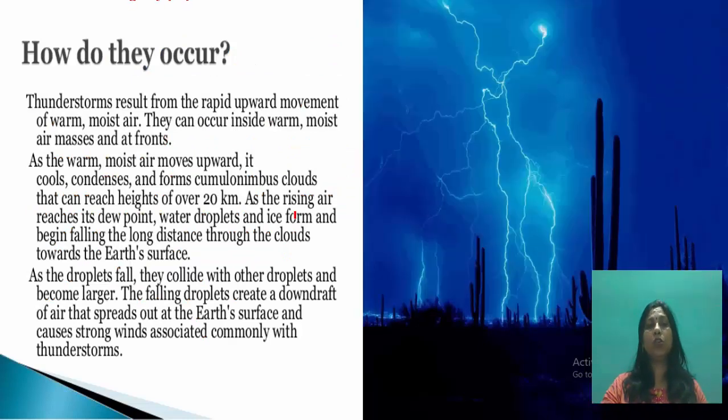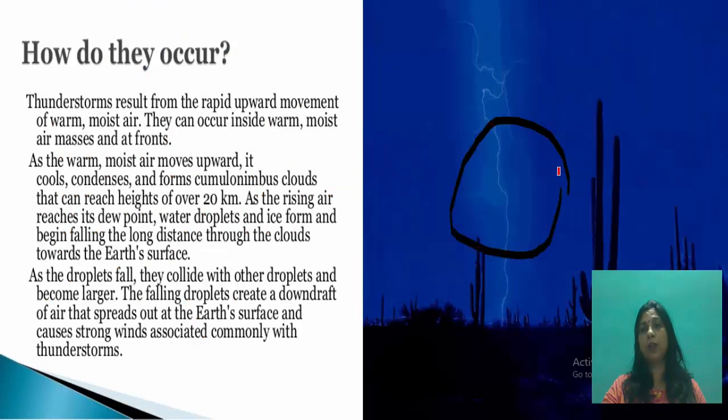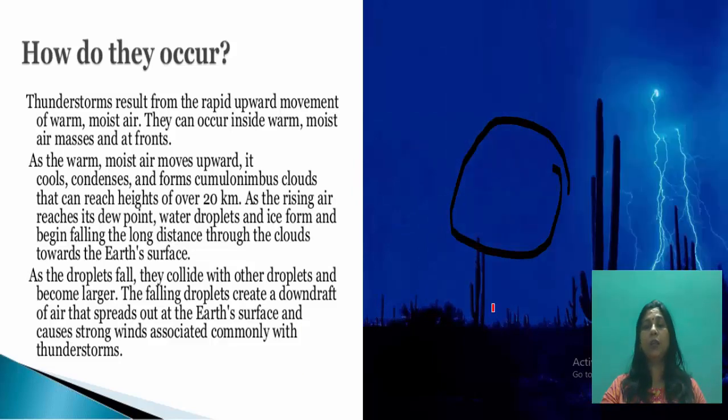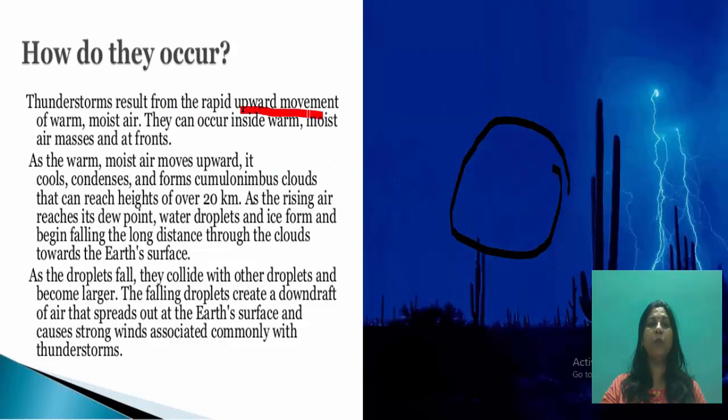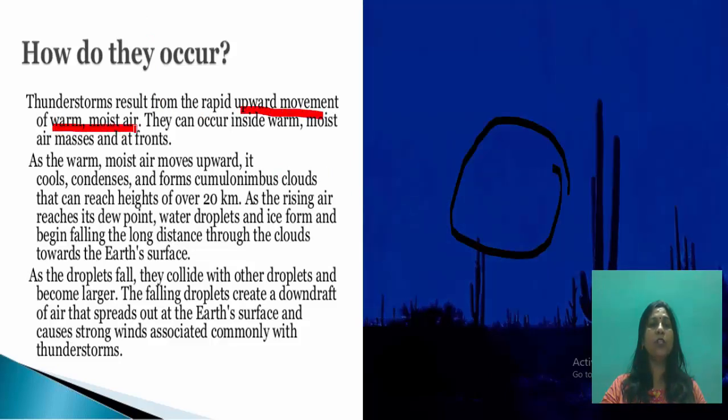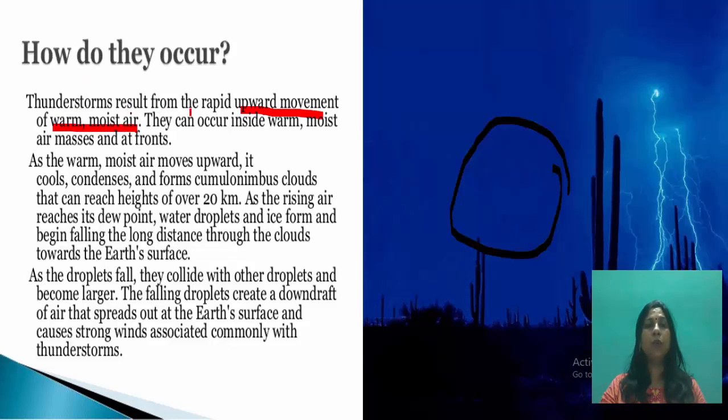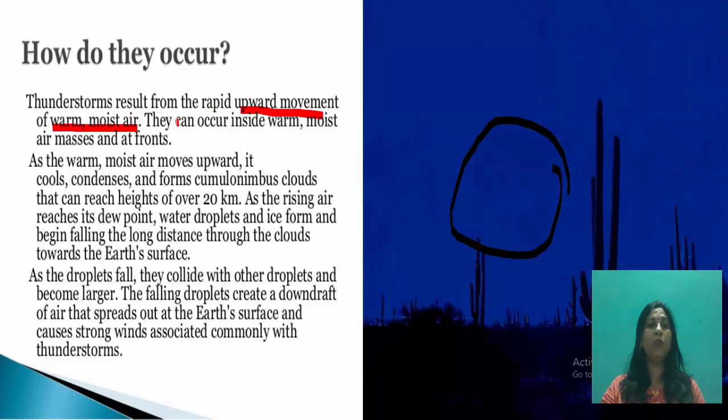Now, how do the thunderstorms occur? You can see this is a thunderstorm, this lightning. Now, thunderstorms result from the rapid upward movement of warm moist air.